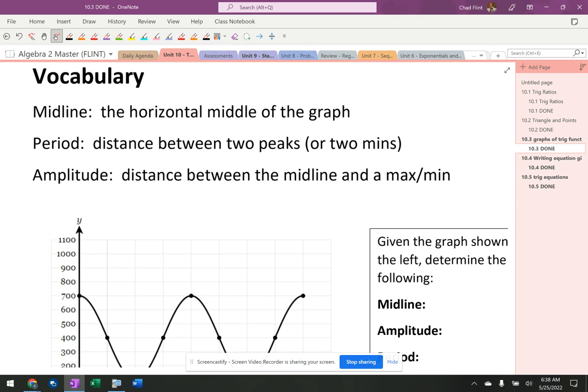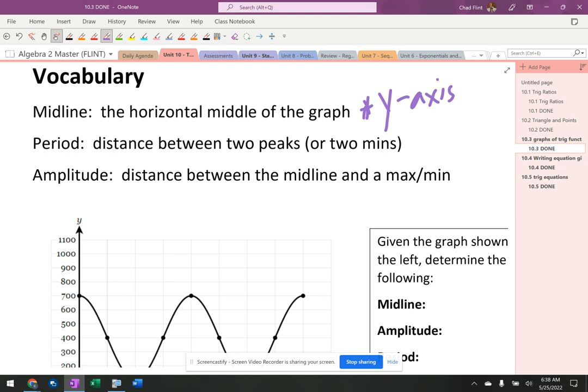Midline is the horizontal middle of the graph. Standard is the y-axis, but the shifts are going to move it up and down. The period is the distance between two peaks or two minimums. It's the amount of time it takes one thing to go all the way through and start over again. Since they're a wave, there are lots of different ways to look at it. If you pick out two maximums and find the distance between them, that's the period.